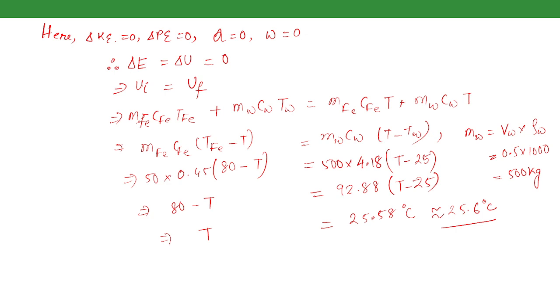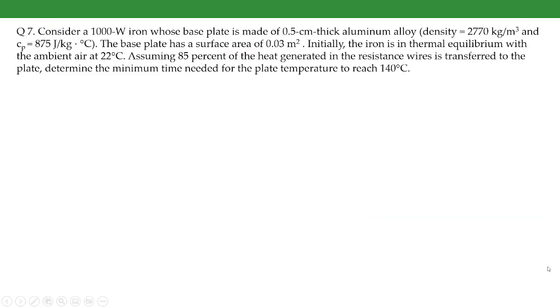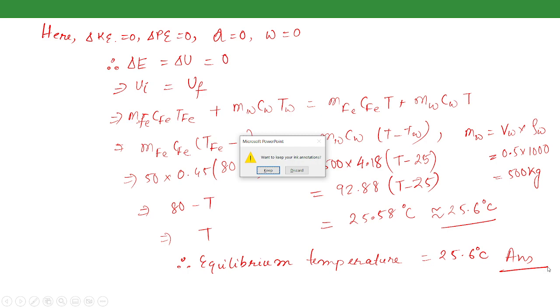So just try to understand the significance of this parameter. Okay, so the equilibrium temperature is 25.6 degrees Celsius.